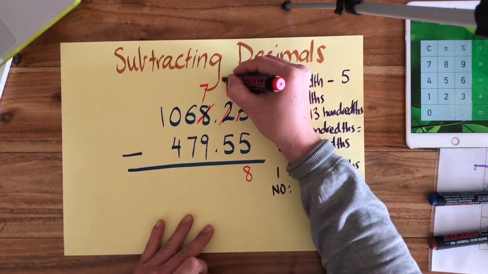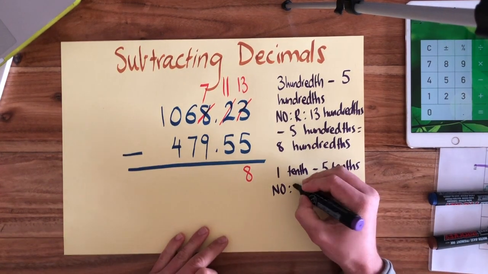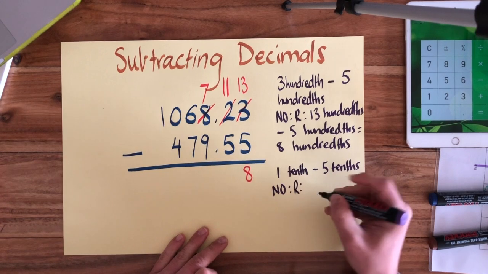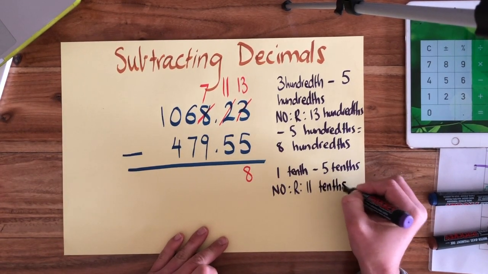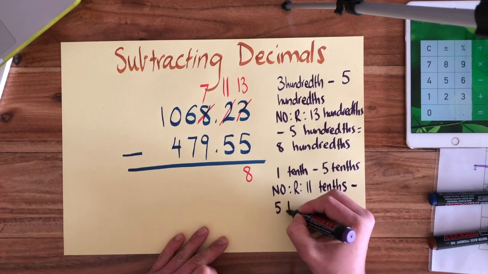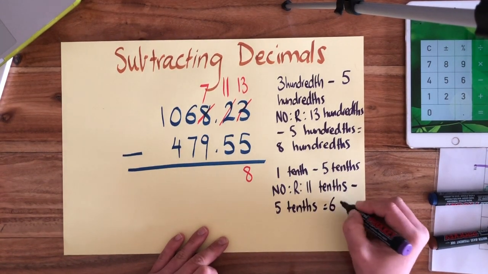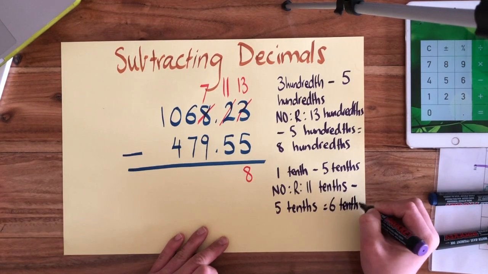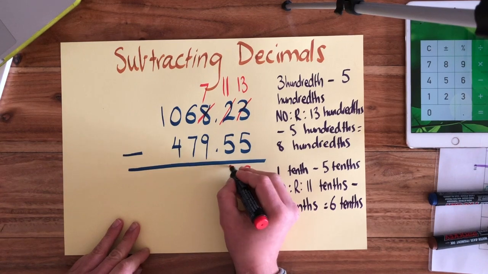So now I have 11 tenths. So 11 tenths take away 5 tenths equals 6 tenths. So I simply put my 6 tenths with my other tenths.